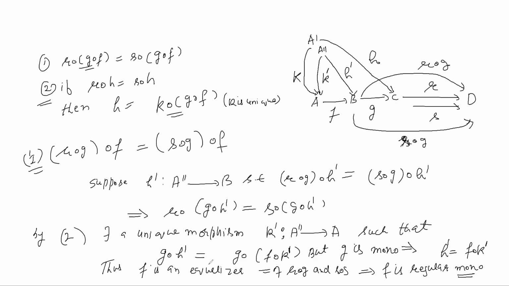We have proven this. And as a corollary of this proposition, you have that every regular monomorphism is extremal. You can prove this. It follows from this proposition.